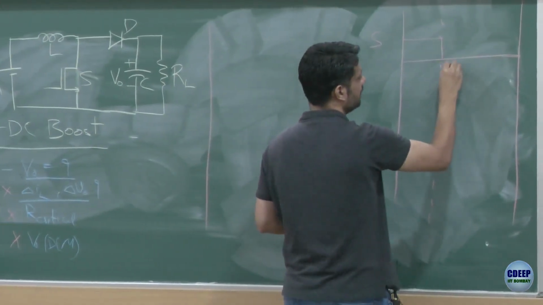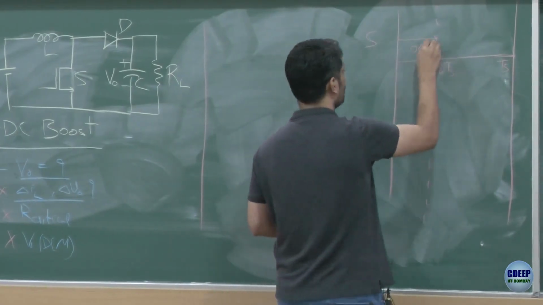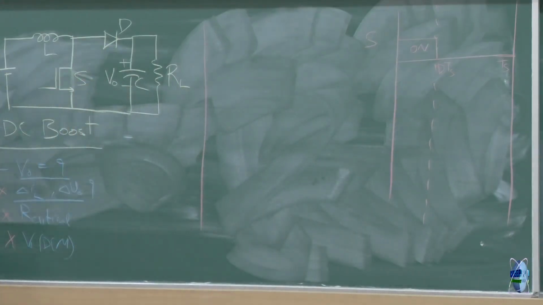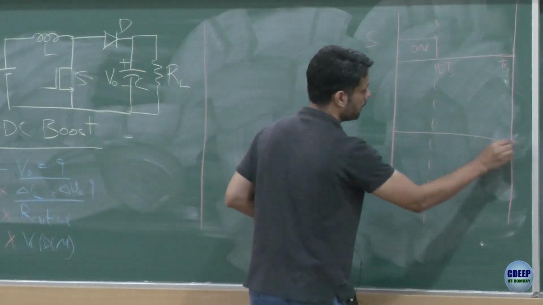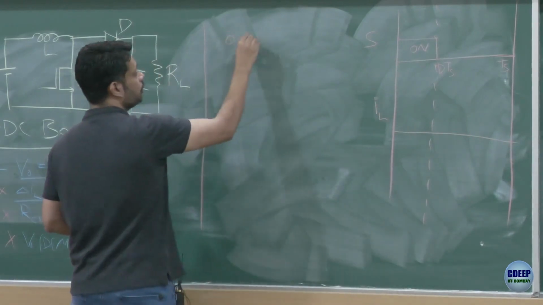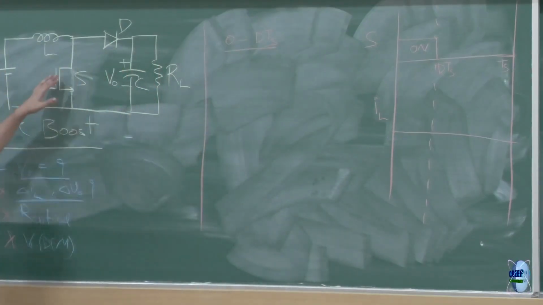So this is D times Ts, this is Ts, the switch is on, right, the MOSFET switch is on for the first D times Ts, and then it is off. From 0 to D times Ts, for this time period, when the MOSFET is on, what is the voltage across the inductor?